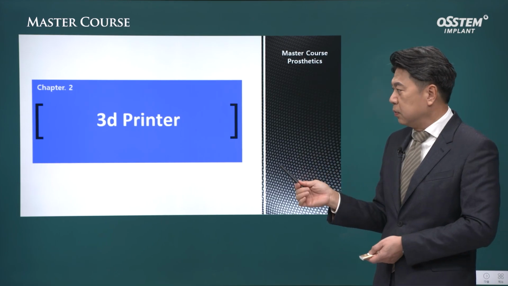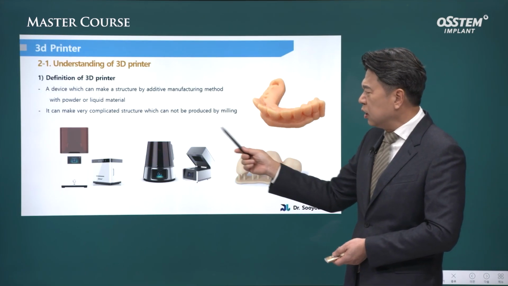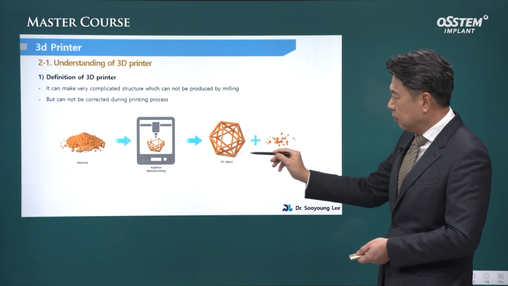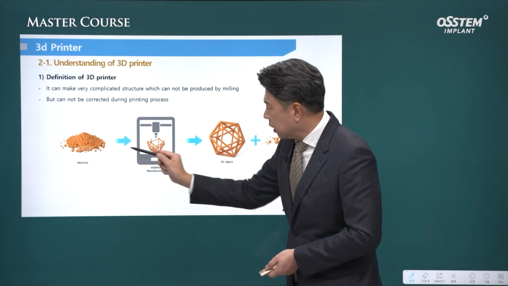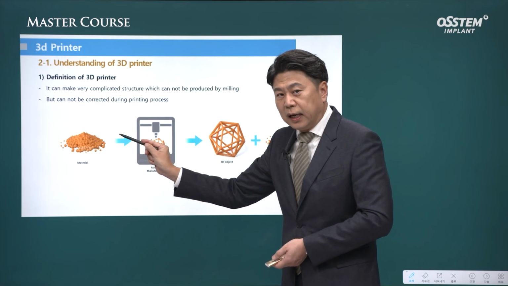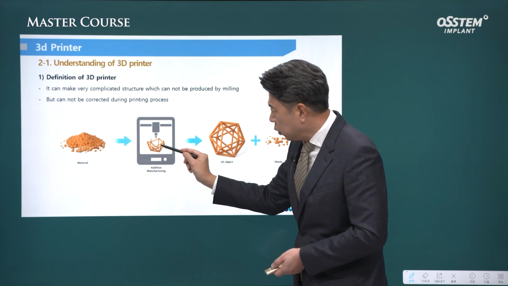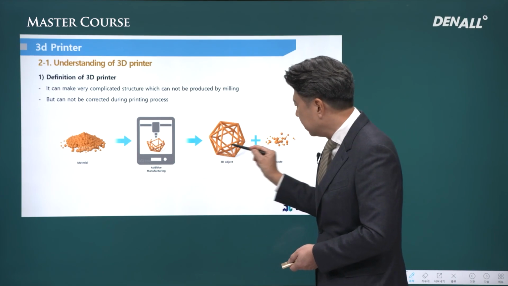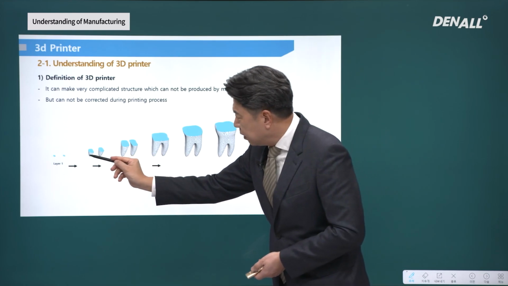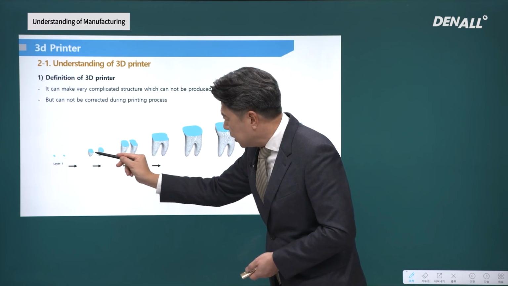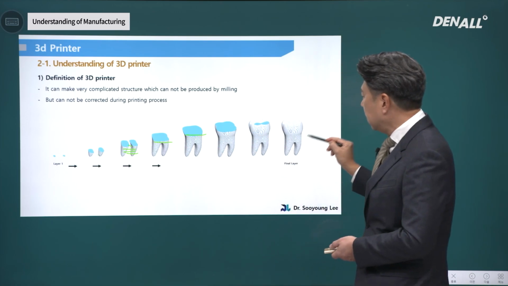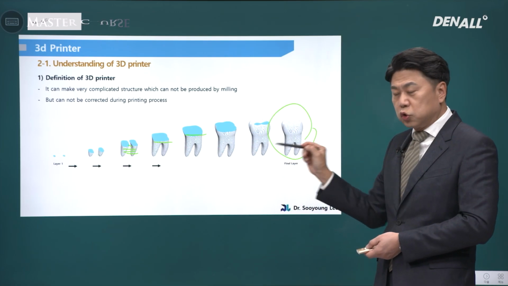Next, more details about 3D printers. Materials are built up. Let me show you the process. The materials are indicated like this, but usually it's a resin liquid, polymerized resin, which is built up layer by layer. To make a tooth, it starts with the root tips, and layer by layer, it's built up, one layer at a time, to build a tooth.